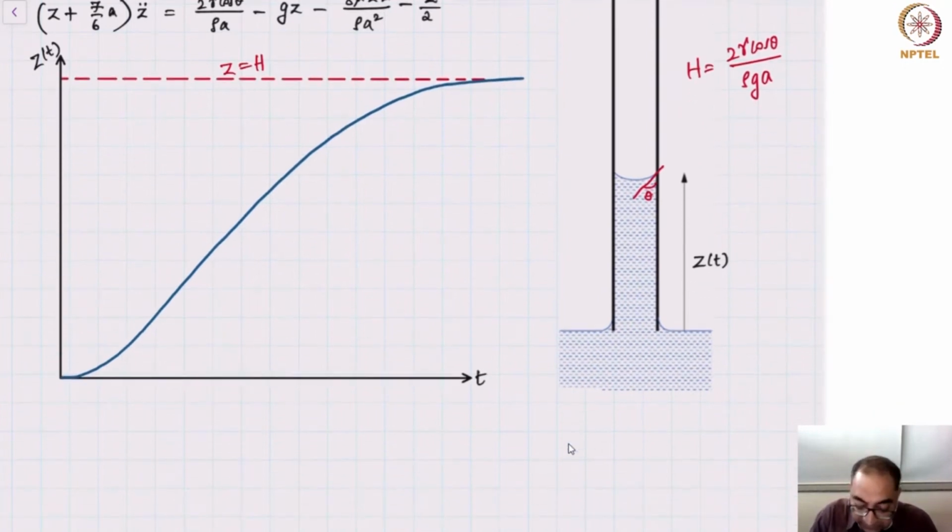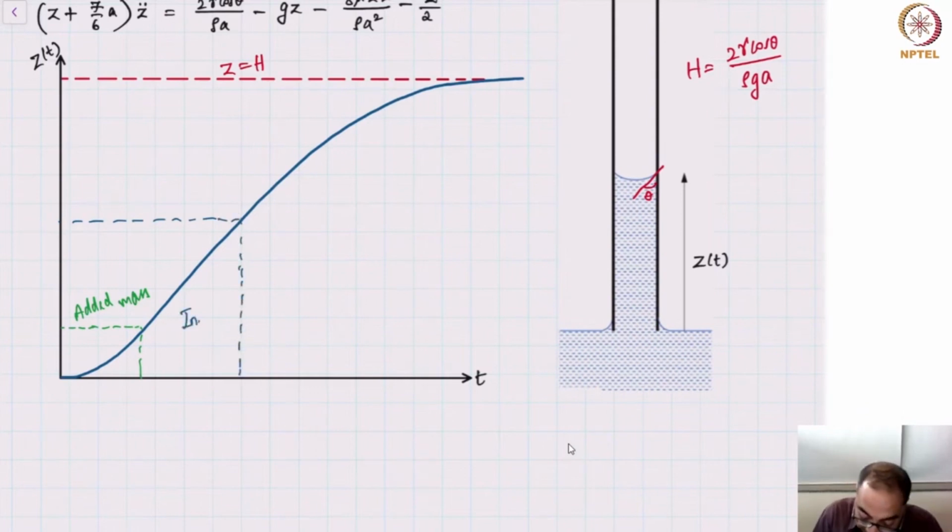Now we can roughly divide this graph into a couple of small regimes here. At short times, early on in the rise, we expect added mass to be important, and this will be inertia dominated. This inertia will persist for a little longer. Within this is the inertial regime, and the height we can say roughly is z goes like h nu.